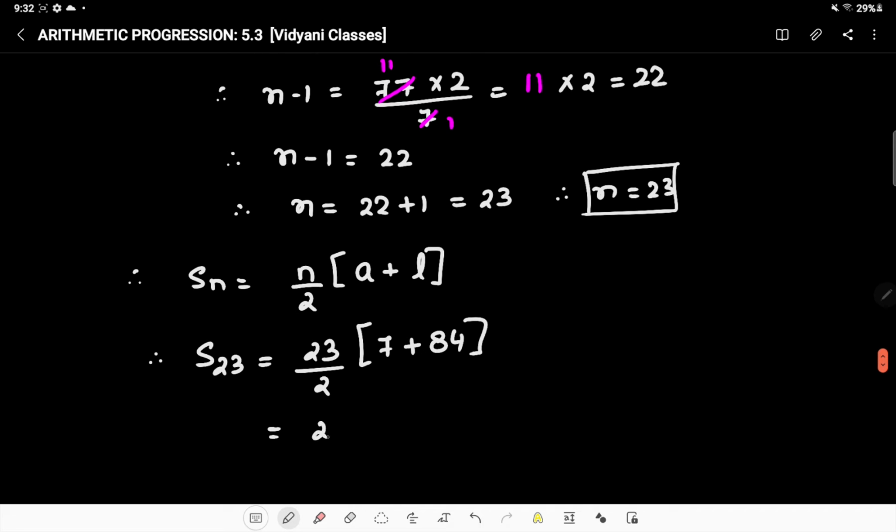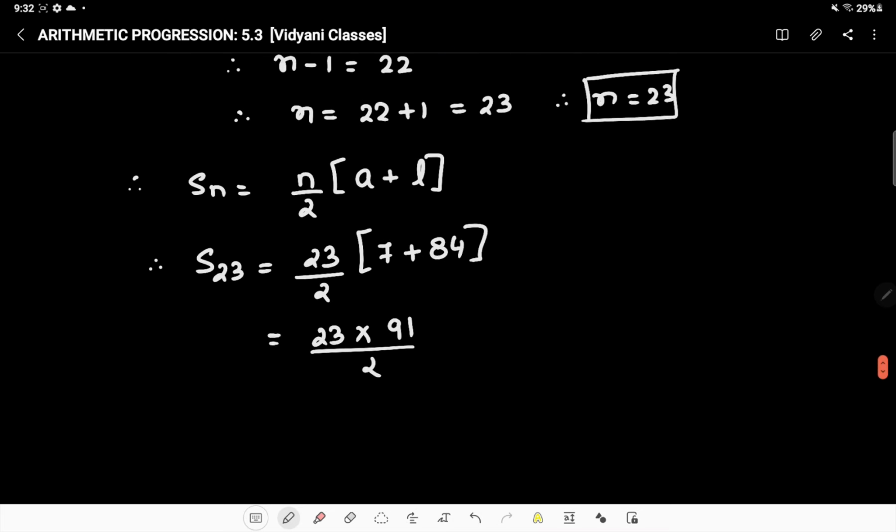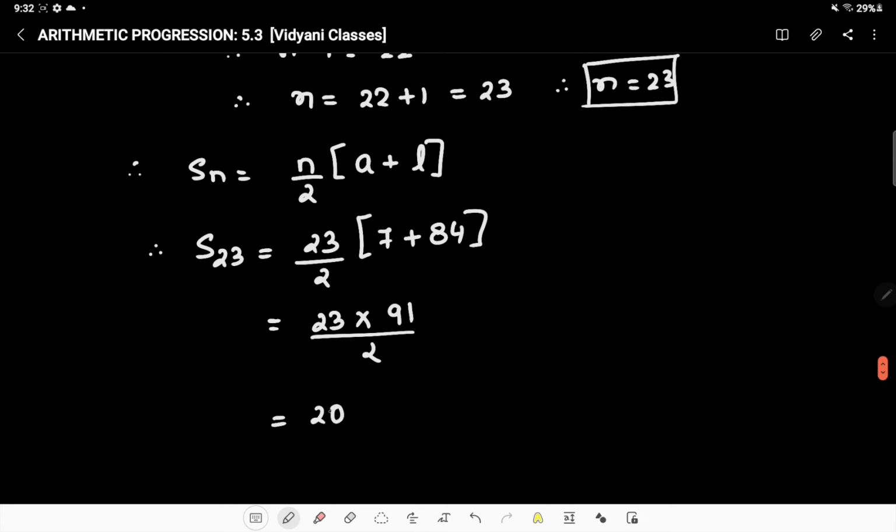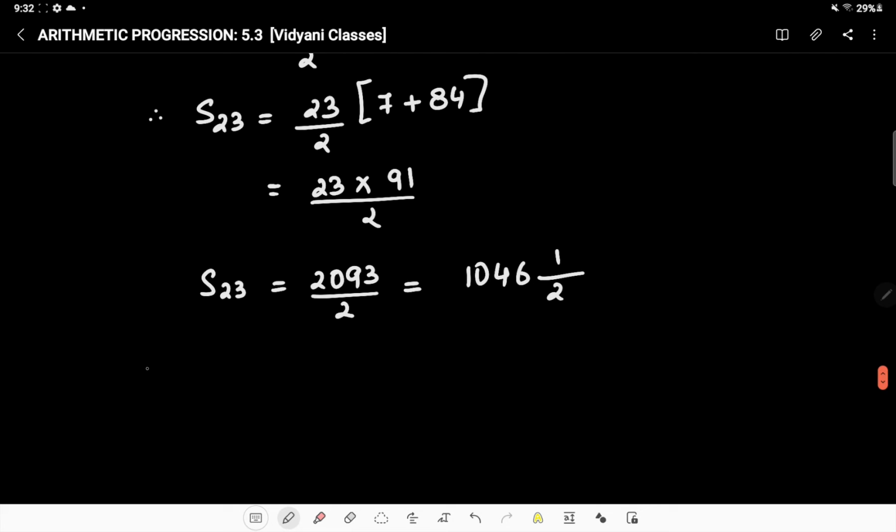That comes out to be 23 into 91 by 2, that is 2093 by 2, or else you can write 1046.5. So this is the value of S23. Therefore the required sum is 1046.5.